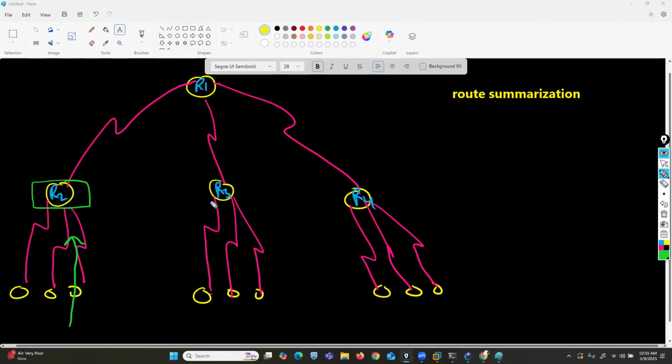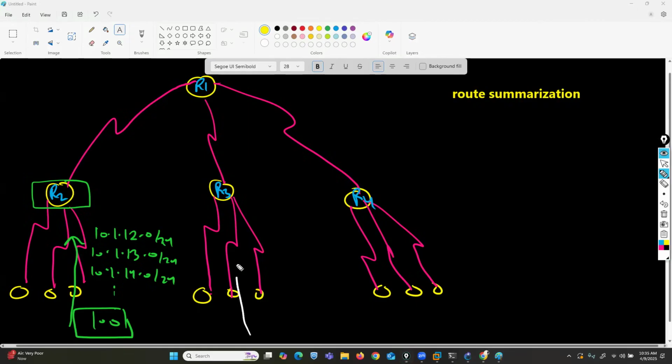For example, R2 is receiving 10.1.12.0/24, 10.1.13.0/24, 10.1.14.0/24, and so on, approx 100 network information. Now R3 is also receiving some route information from this side.